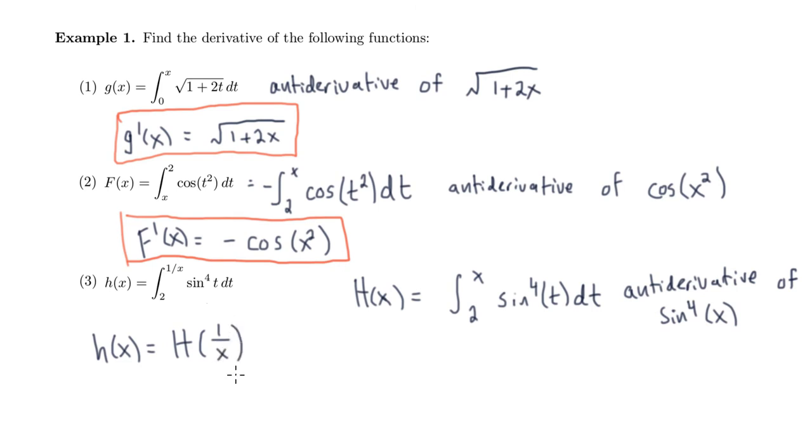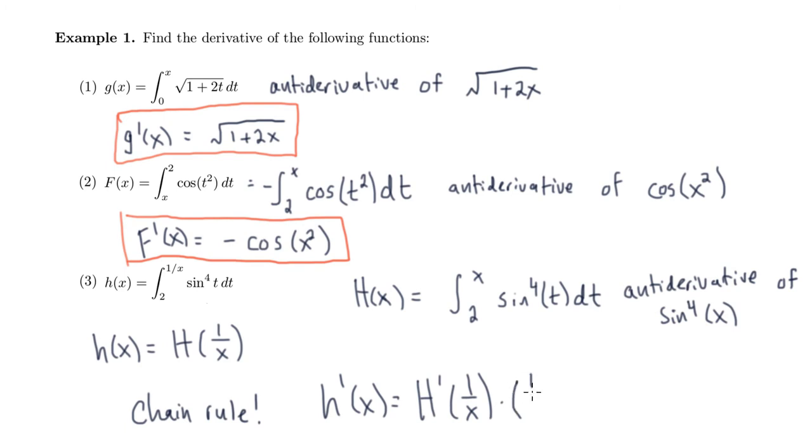Okay? So now we can just apply the chain rule. So what do I mean by that? Well, h prime of x is just going to be capital H prime of 1 over x times the derivative of 1 over x.